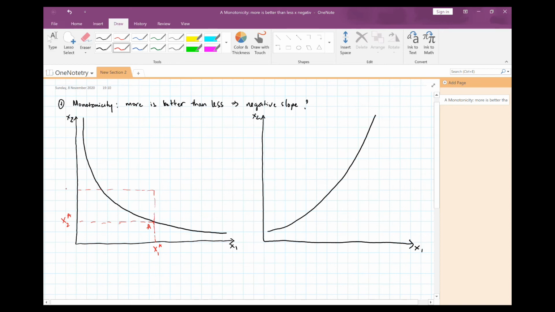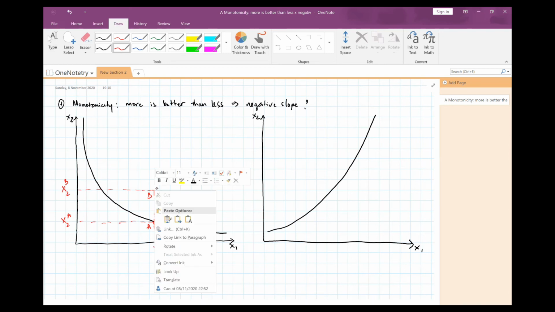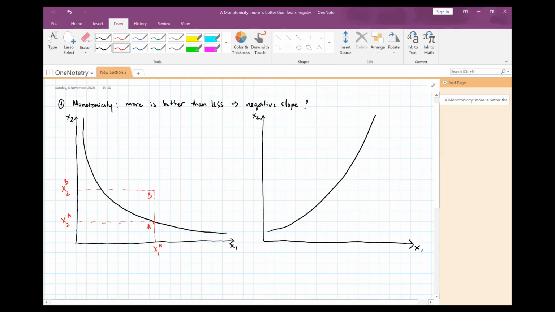Let's call it point B. So this point B is actually on the right hand side of the indifference curve, which we have said anything on the right hand side of the curve is better, right? So we have higher utility at this point compared to on the curve. So more is better. That's the first scenario.